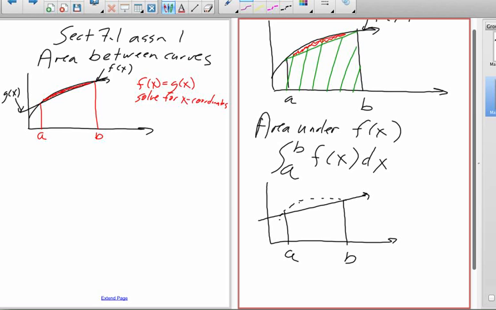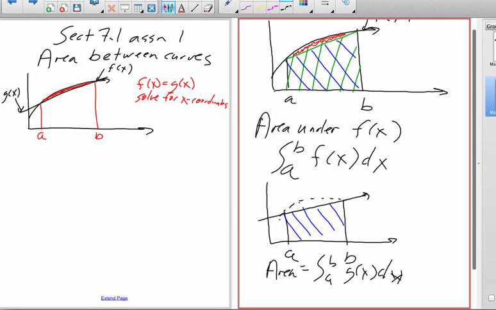So the integral, or the area under that, is going to be the integral from A to B of g of x dx. This is the basic definition of what an integral is, area under a curve. So that gives us this blue area right here.